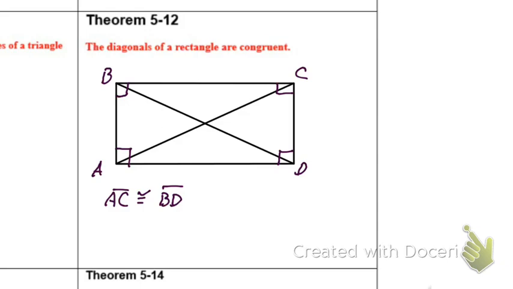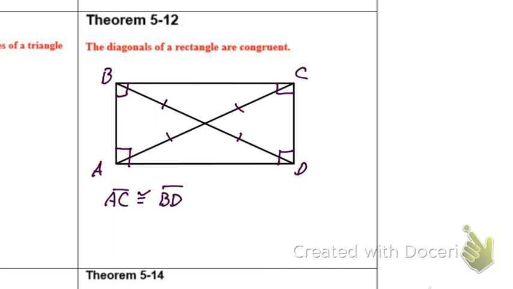All right, but that leads us to one more important part I'd probably want to put in this diagram. Since this is a parallelogram and my diagonals are congruent, the diagonals of a parallelogram bisect each other. So the really cool thing about a rectangle is all four of these segments will be the exact same size.